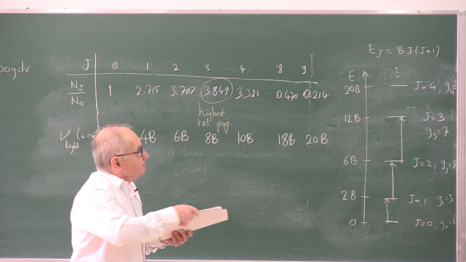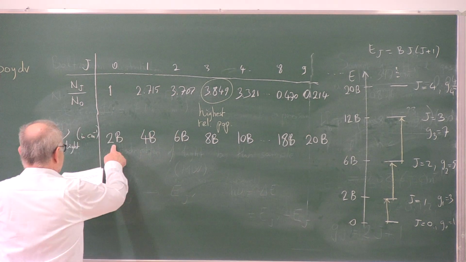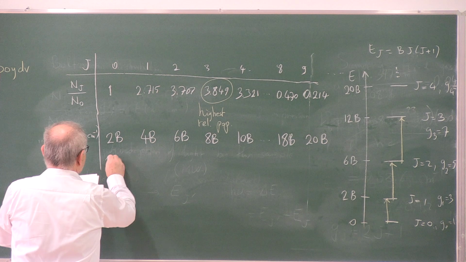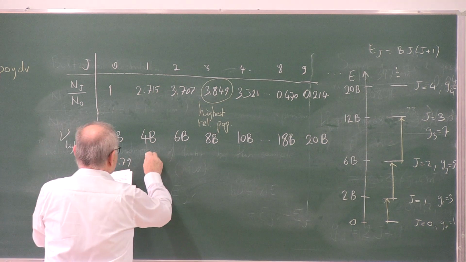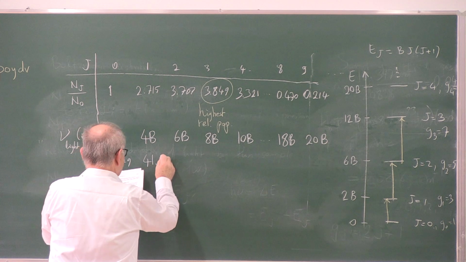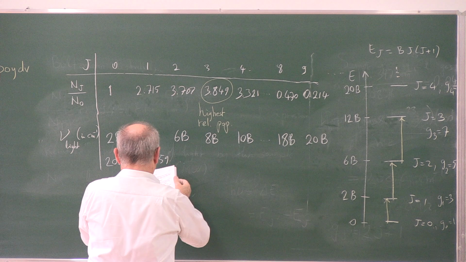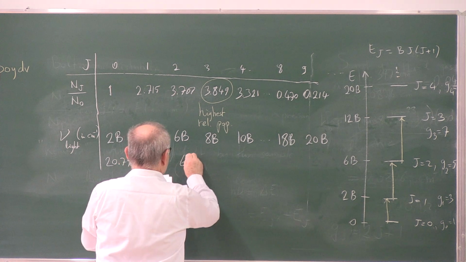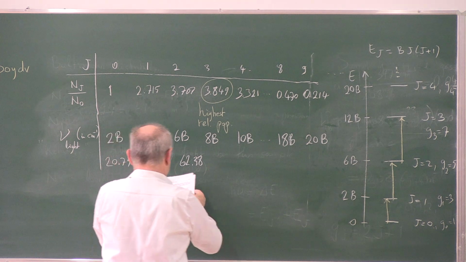Using our numbers, B is 10.3997. This value is 20.79 wave number. This is 41.59 wave number. This is 6B, 62.38 wave number.